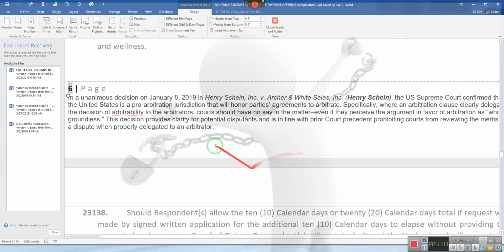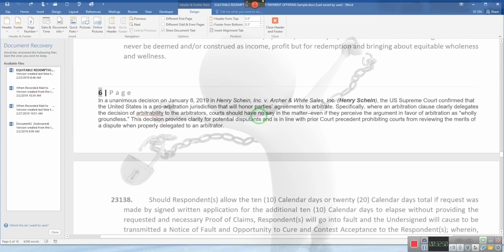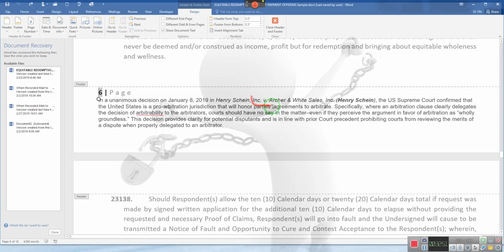In a unanimous decision on January 8th, 2019, in Henry Schein, Incorporated versus Archer and White Sales, Incorporated, the United States Supreme Court confirmed that the United States is a pro-arbitration jurisdiction that will honor parties' agreements to arbitrate, specifically where an arbitration clause clearly designates the decision of arbitrability to the arbitrators.